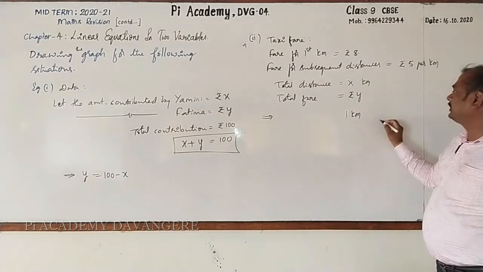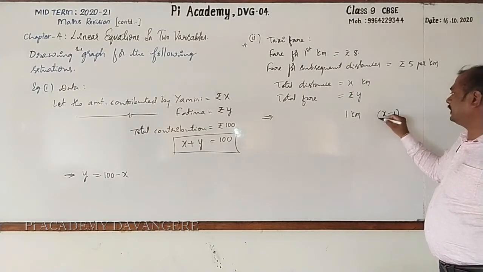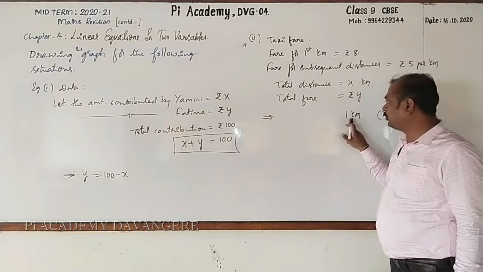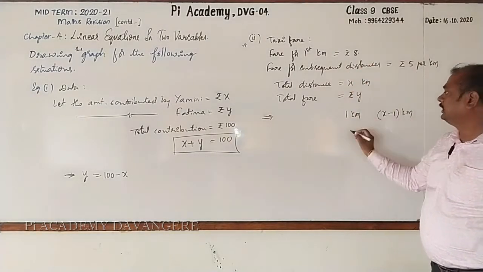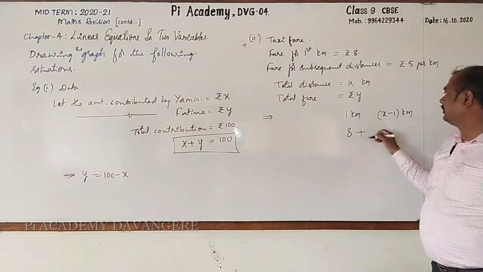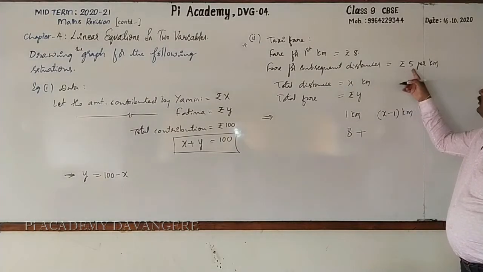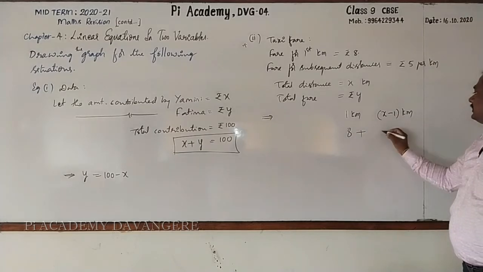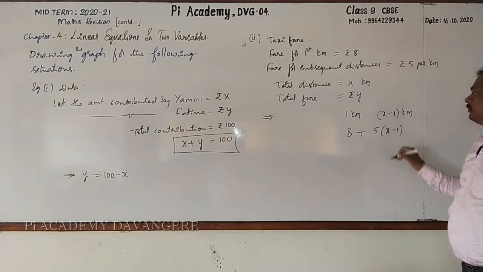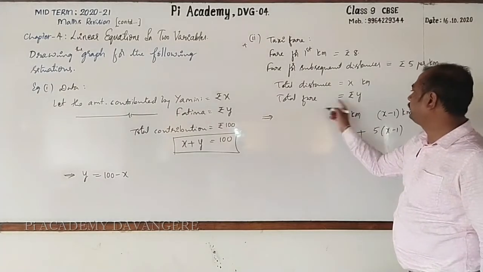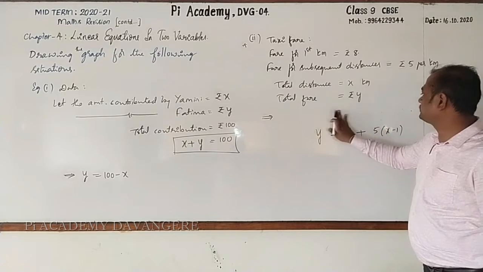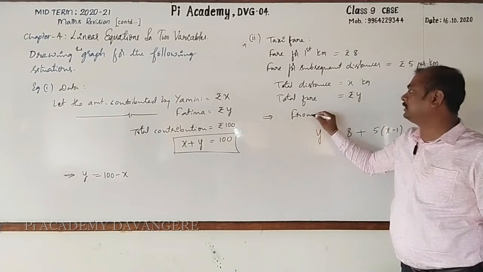Remaining distance will be x minus 1 kilometer. Followed. For the first kilometer how much is the charge? It is 8. Then for the remaining, 5 rupees per kilometer. So here x minus 1 kilometers are there. So 5 into x minus 1. Then total fare as y.